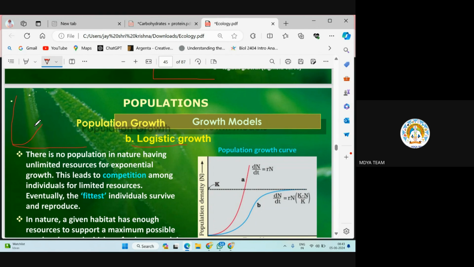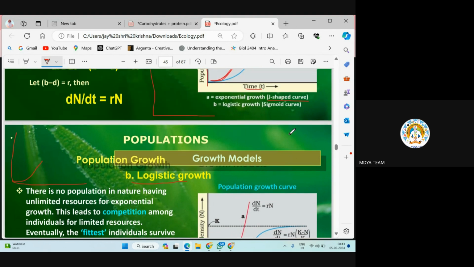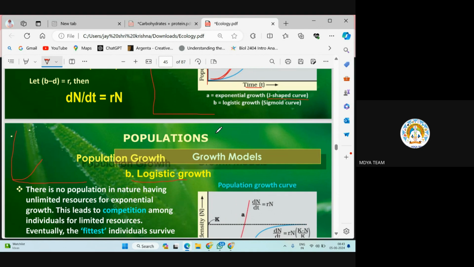For example, if some rats are there, and just take an example like in a room you are keeping a limited quantity of food every time, and you are keeping some rats there. So in that room, the quantity of food is limited. After some time, the rats will reproduce, they will increase their population. So 2 to 4, 4 to 8, 8 to 16, 16 to 32, 32 to 64.